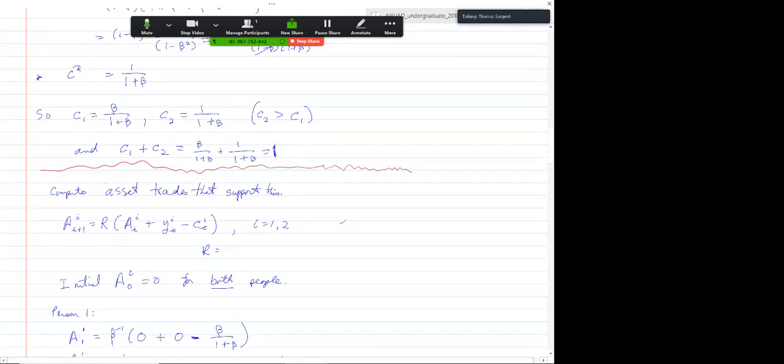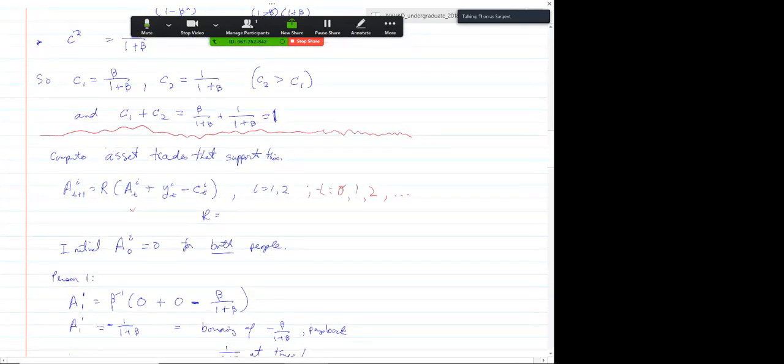Okay, so now we're going to formulate it sequentially, and we're going to let a_t^i be the assets at time t that person i brings into period t. There's going to be one of these for t equals 0, 1, 2 forever. And we're going to initialize 0 assets for both people.